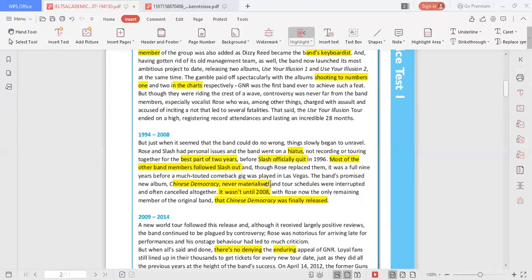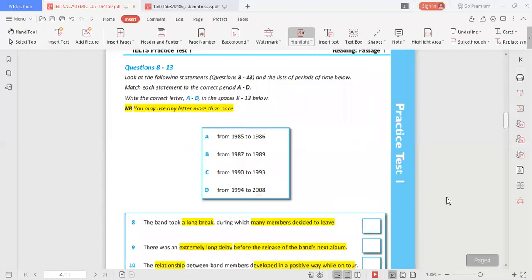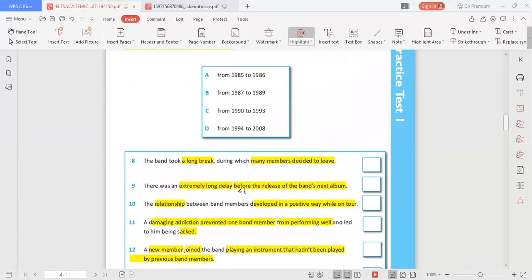If something does not materialize, it means it doesn't come into fruition, it's not implemented. And the sentence says, the band's promised new album, Chinese Democracy, never materialized, and tour schedules were interrupted and often canceled altogether. It wasn't until 2008, with Rose now the only remaining member of the original band, that Chinese Democracy was finally released. So that fits perfectly to the statement that there was an extremely long delay before the release of the band's next album. That is very important.